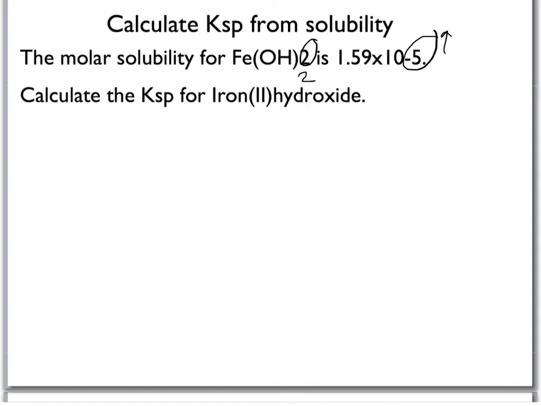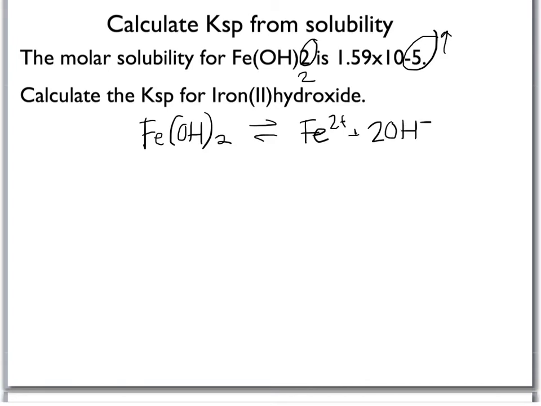Calculate the Ksp. So I want to write my reaction first. Iron hydroxide is going to break down to form Fe2+ plus 2 OH-, and this is going to give me X, and this is 2X.